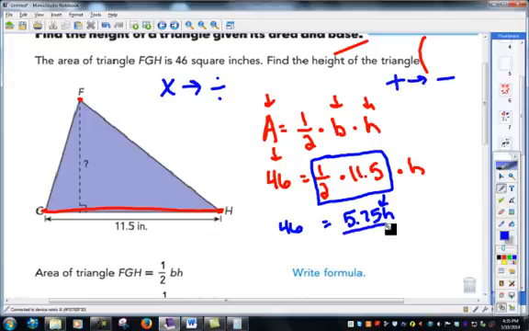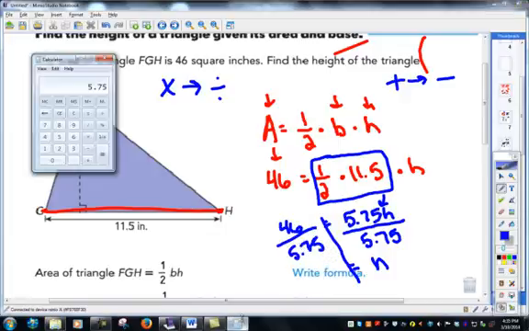So we need to divide this by 5.75. Essentially you're doing 5.75 divided by 5.75, which gives us 1H, which we just write as H. Remember, since this is an equal sign, whatever we do to one side, we must do to the other. You can't do something over here and not over here. So we're going to divide by 5.75.